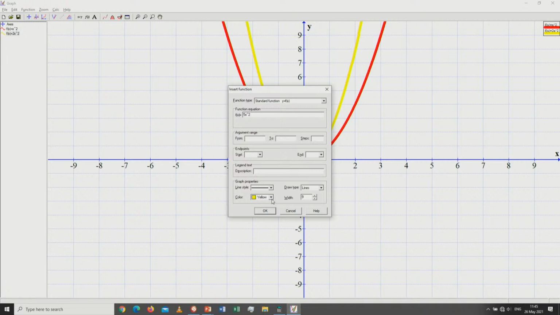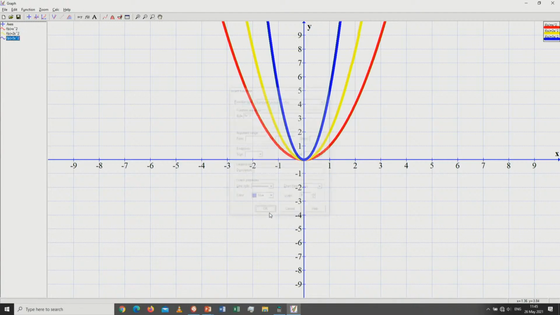Then I can make this one blue. Navy is not clear. I'm looking for the blue. There is blue. Yes, let me make it blue.